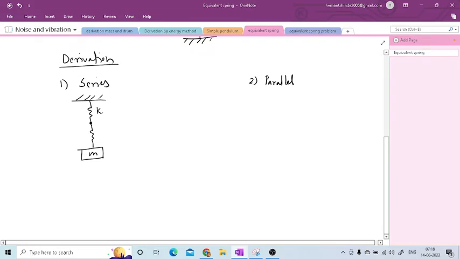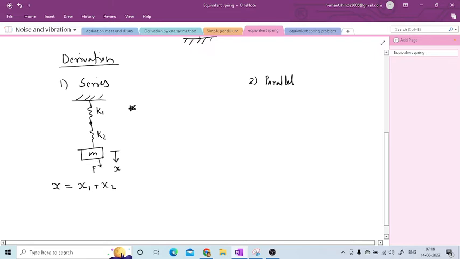Consider the stiffness of spring 1 is K1, stiffness of spring 2 is K2, and it is subjected to a displacement of x. Now as we have seen earlier, from this combination the total deflection x will be equal to the deflection of spring 1, plus the deflection of spring 2. So x is equal to x1 plus x2. Okay, and the most important thing, the force acting throughout the spring will be same.